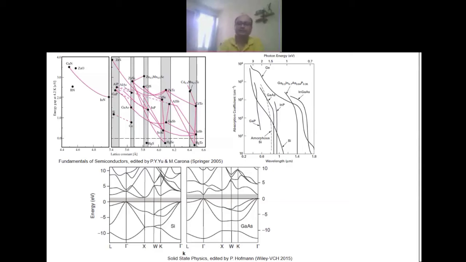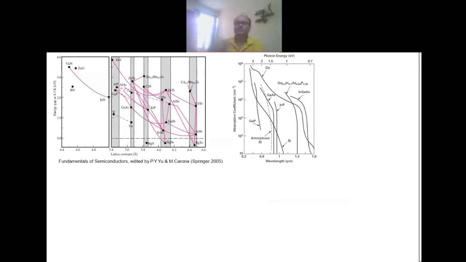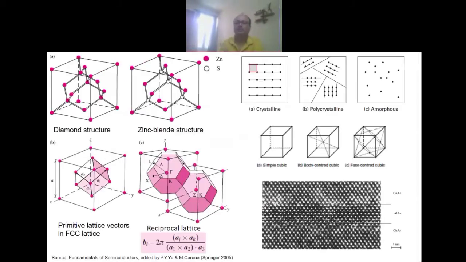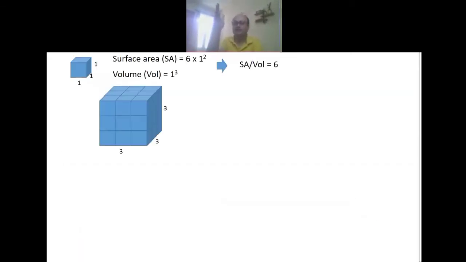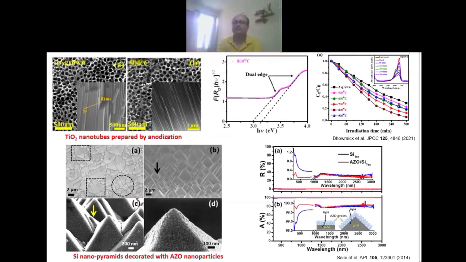If I show the density of states with respect to energy, in the three-dimensional case it follows a simple parabolic nature, but it will be a step function in the case of 2D material, and then a delta function. So sharp levels are forming.